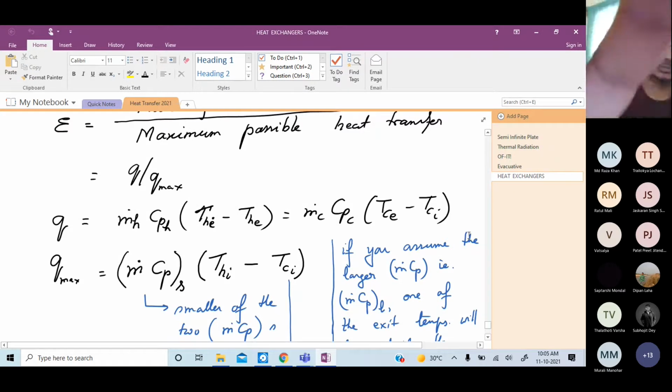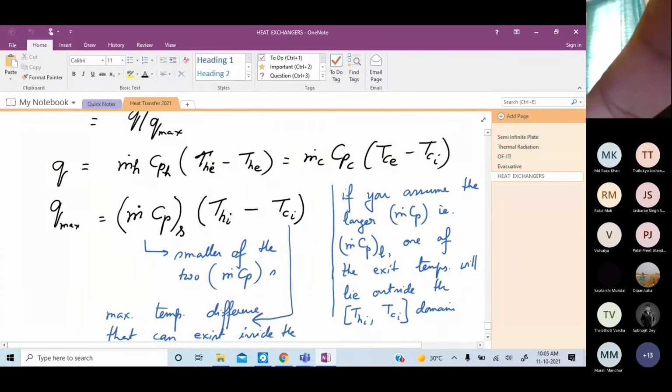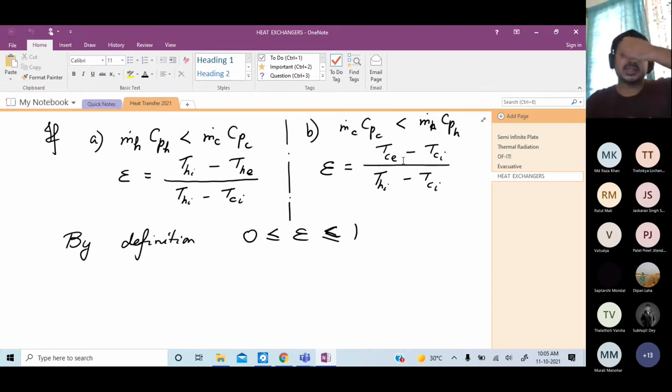So depending on whether the hot fluid has lower heat capacity or the cold fluid has lower heat capacity, the definition of effectiveness varies, as we have shown here. The denominator remains the same. In the numerator, we take the temperature difference of either the hot fluid or the cold fluid, so that the heat capacities in the numerator and denominator cancel out.